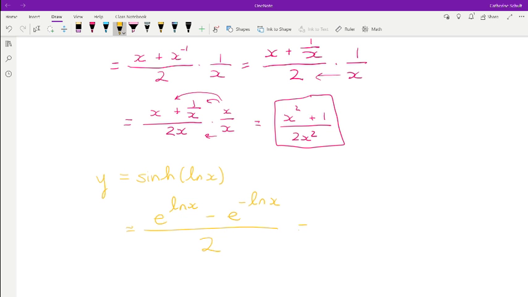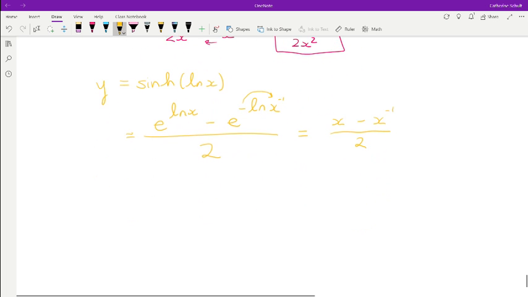Again, this is going to cancel. So it's x minus, again, I can bring that into the exponent. The benefit is that this is a little bit more straightforward to take the derivative of, don't you think?